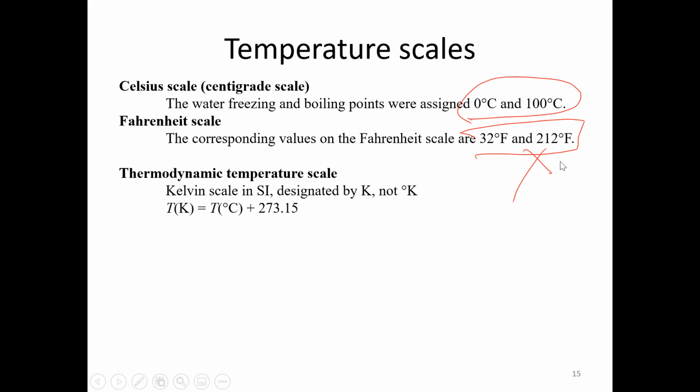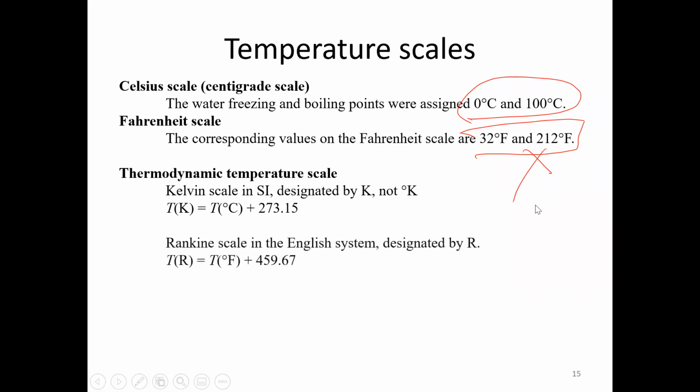I know that there is an online conversion unit, you can always use it. But just in case you don't have this access or facility, then you know how to convert Fahrenheit to Celsius. But from Celsius, sometimes we need to use the Kelvin scale.